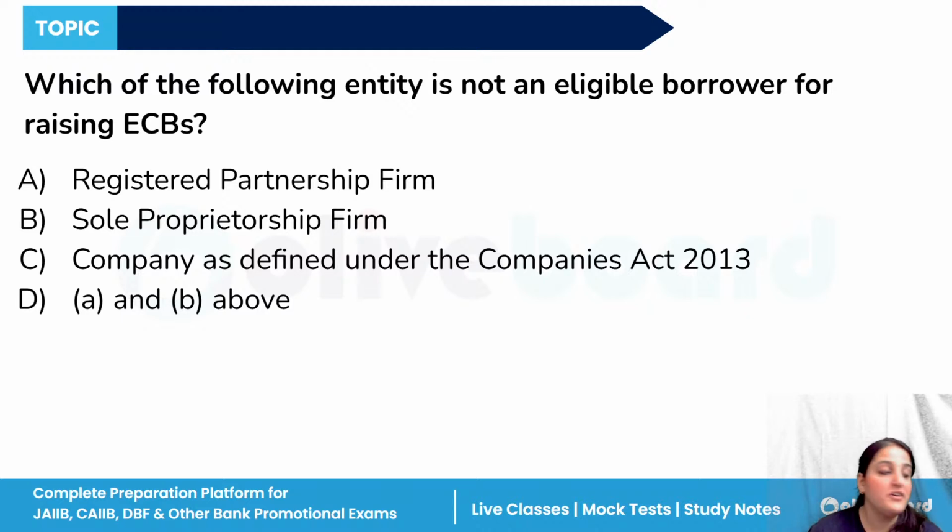Registered partnership firms and sole proprietorship firms are not eligible borrowers for raising ECBs. So the correct answer is option D. A and B both are not included. Understood?